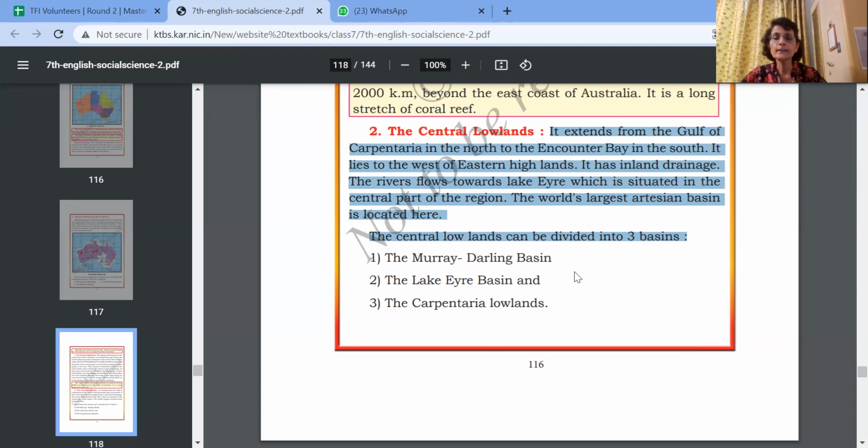The central lowlands, as I've said, are in the central part of Australia, and they are completely flat lands. It extends from the Gulf of Carpentaria in the north to the Encounter Bay in the south. It lies to the west of the Eastern Highlands, and it has inland drainage.